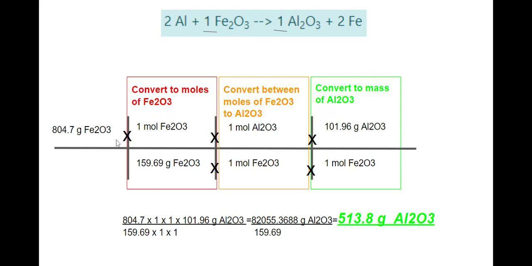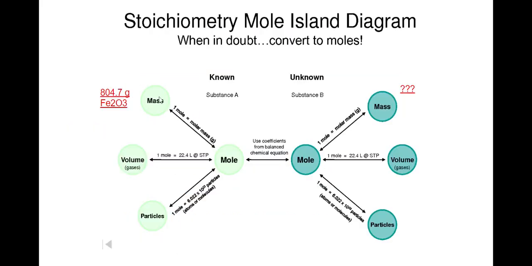So the molar mass of iron 3 oxide is 159.69 grams. So you will convert using that: 1 mole Fe2O3 is 159.69 grams Fe2O3. That's converting to moles.